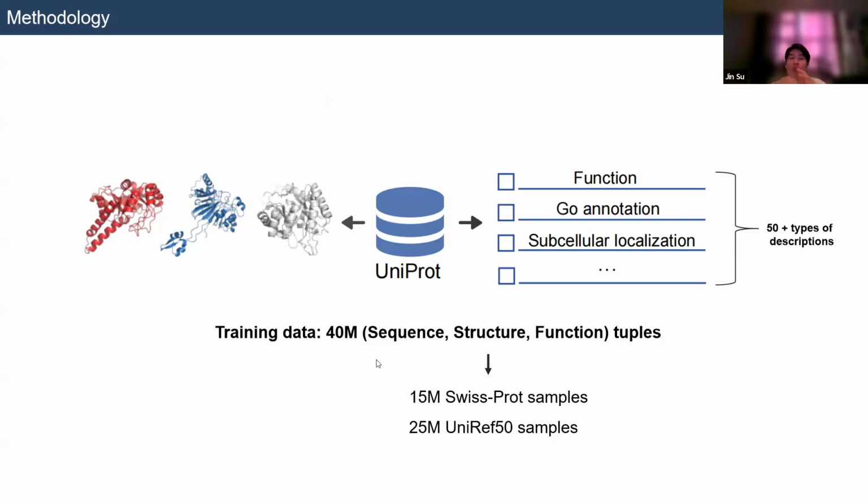In our pre-training we include around 10 million protein structures, all downloaded from AlphaFold. For every protein we have its UniProt ID, and we download its AlphaFold database structure based on the UniProt ID, and then we constructed the sequence, structure, function tuples. They are all from the AlphaFold database.